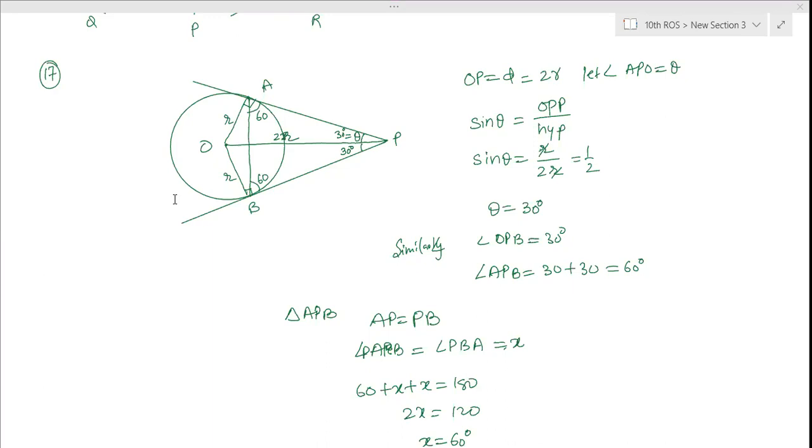Ma'am, the result of that theorem, the perpendicular which we proved. Yeah, we have proved it, but it is not considered as a theorem. If it is a theorem, then we can use it, but it is not. So we have to show it. Okay, ma'am.